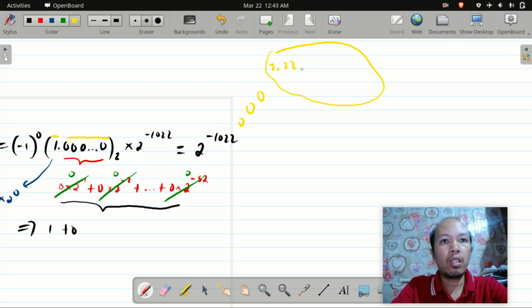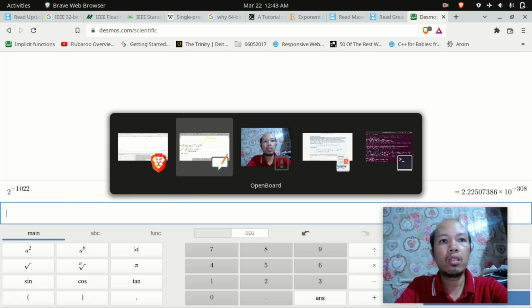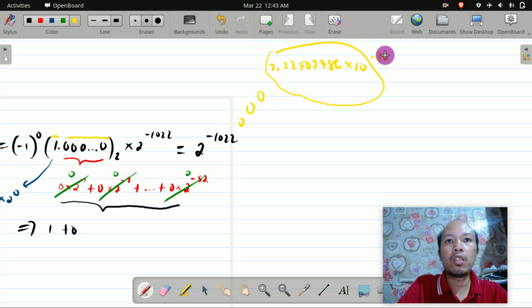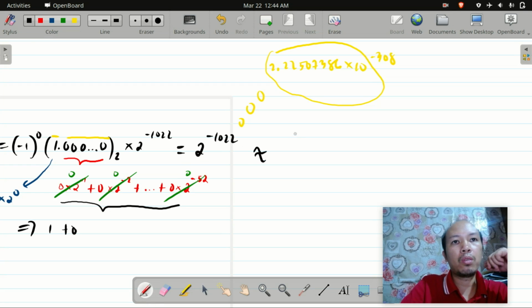507,386 times 10 to the 1. Where are you? Negative 308. Negative 308. So what we will do here, this is approximately equal to, we can write that one as 0.2.